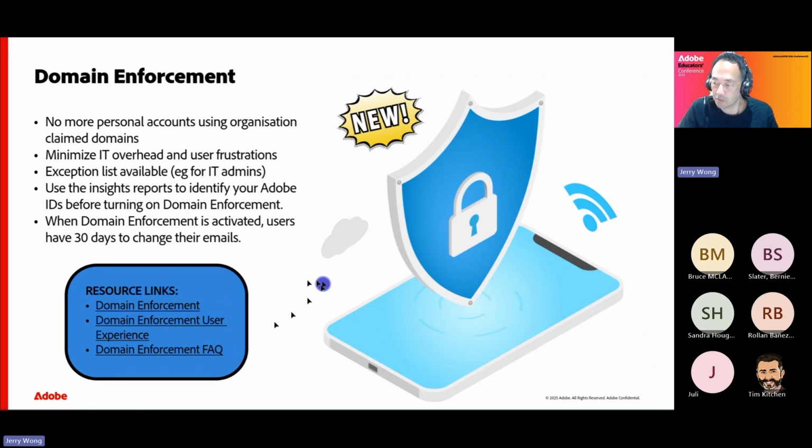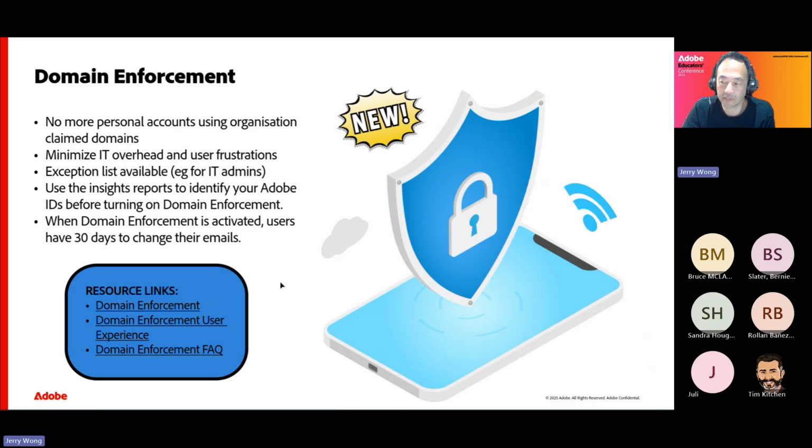And just in a nutshell, pretty much there's two stages for activating this feature. The first stage is to stop anyone from this point onwards from creating an Adobe ID using your claimed domain, right? So it's good for just stopping the problem at this point, right? And then you can enforce the second stage.